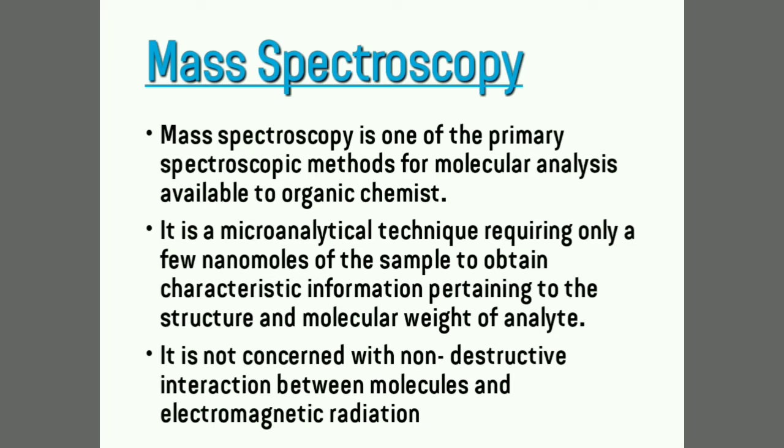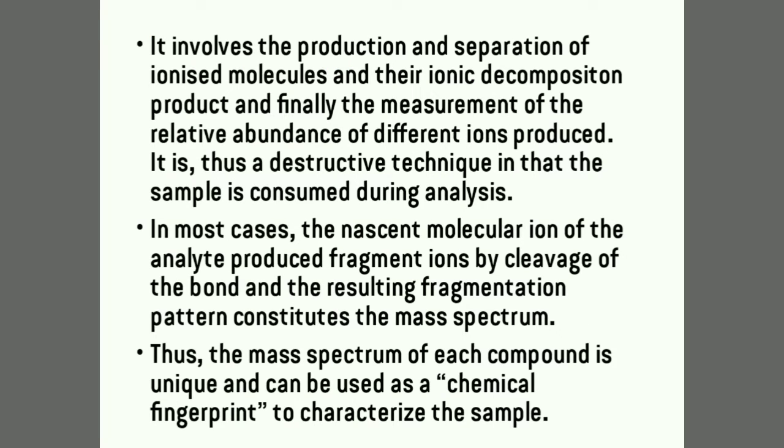It is not concerned with the non-destructive interaction between molecules and electromagnetic radiation. It involves the production and separation of ionized molecules and their ionic decomposition products, and finally the measurement of the relative abundance of different ions produced. It is thus a destructive technique in that the sample is consumed during the analysis.